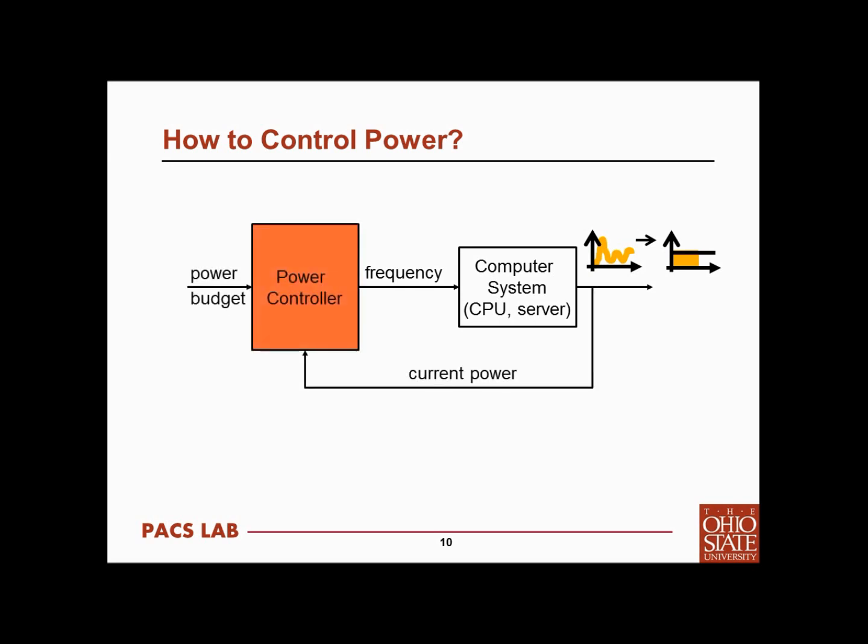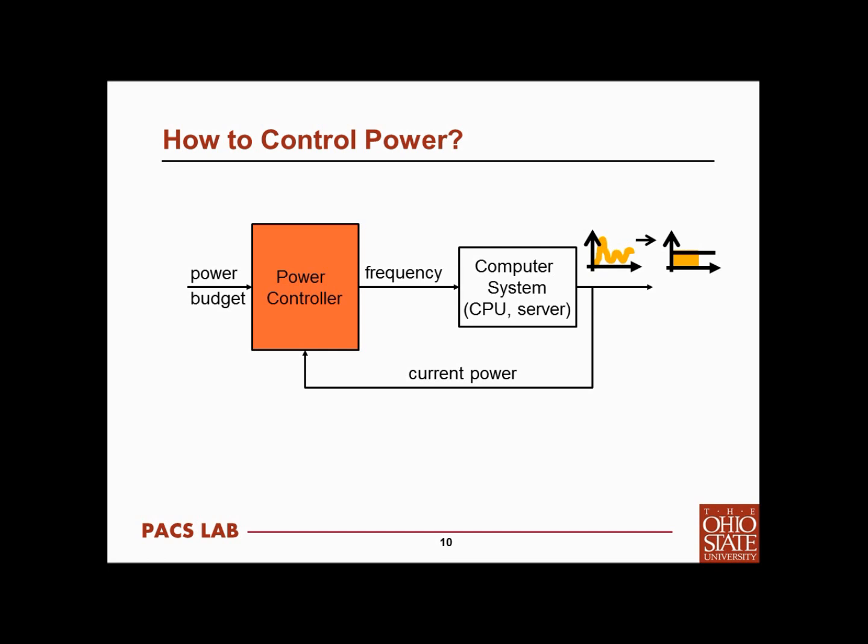And we can design a power controller to do that. We measure the power consumption of the system and compare it with the power budget. Based on the difference, we can compute the next frequency step for the computer system to use in order to control the power consumption, never going higher than a certain value.